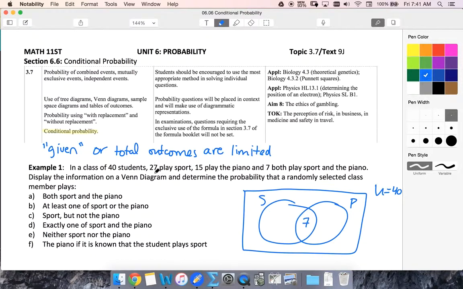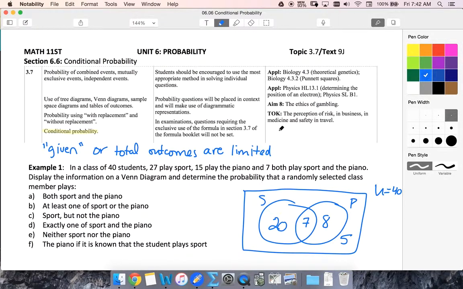Total of sports was 27, so 7 here, that means I've got 20 over here. 15 play piano, 7 of those piano players are here, so 8 must be here. If we add up this total, 20 plus 7 plus 8 is 35, but my universe is 40, so 5 must play neither.